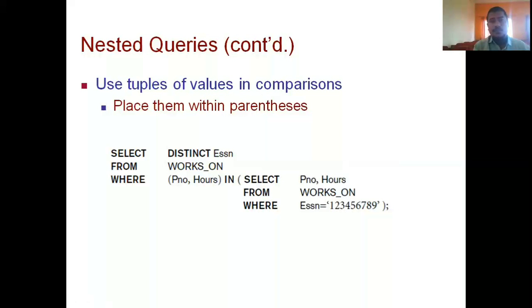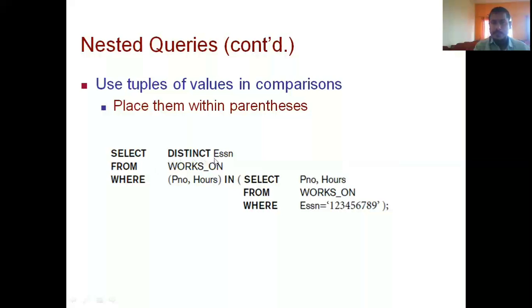So use tuples of values in the comparison. It means that after comparisons, for the particular values in the attributes, we have to make a little bit of replacement, and you have to place them within parentheses.